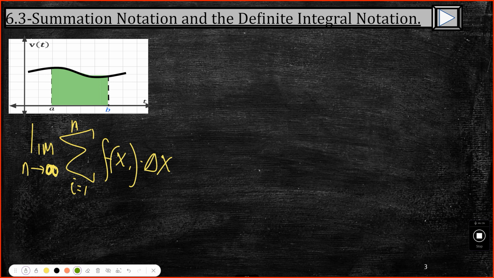The width of the rectangle, change in x, will equal, from A to B, we're going to split B minus A into this n number of rectangles, where n approaches infinity, B minus A.